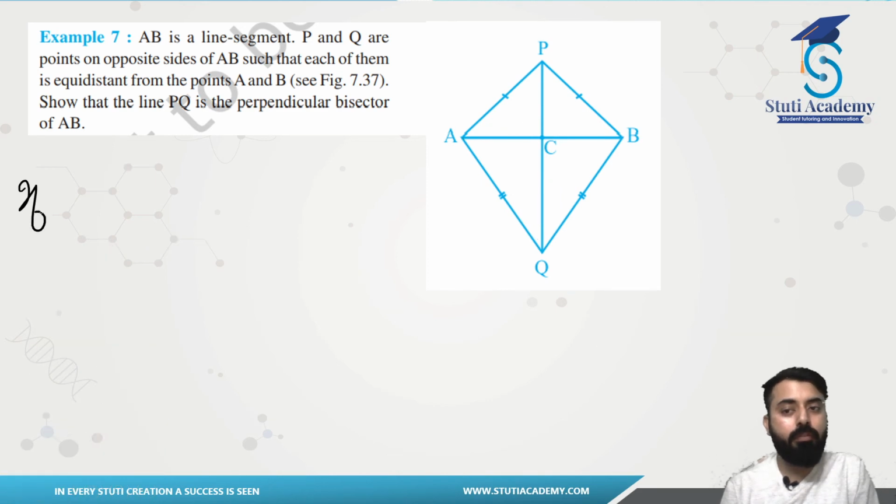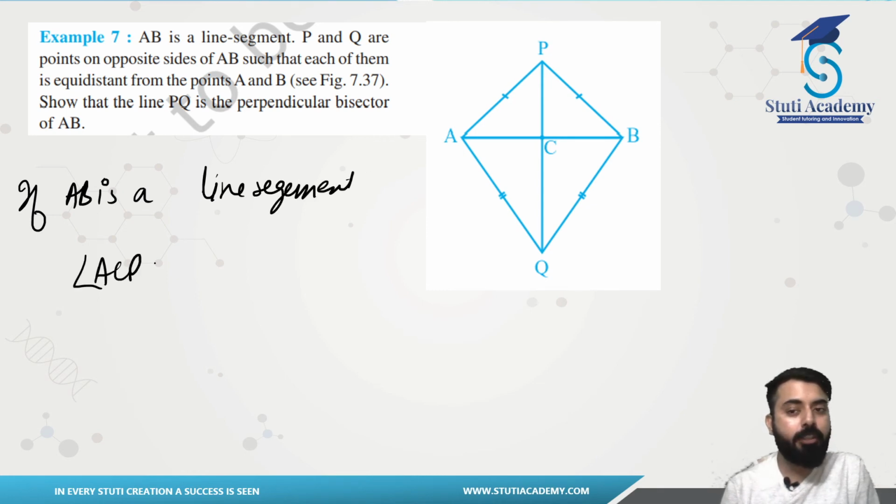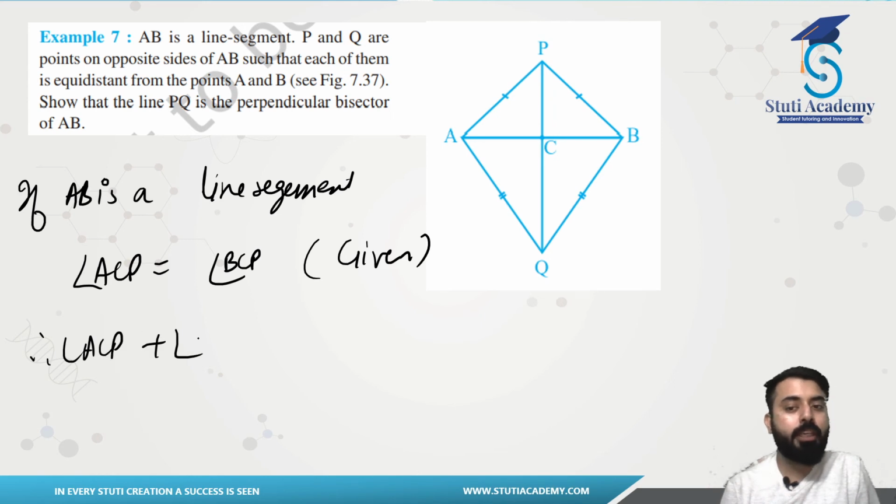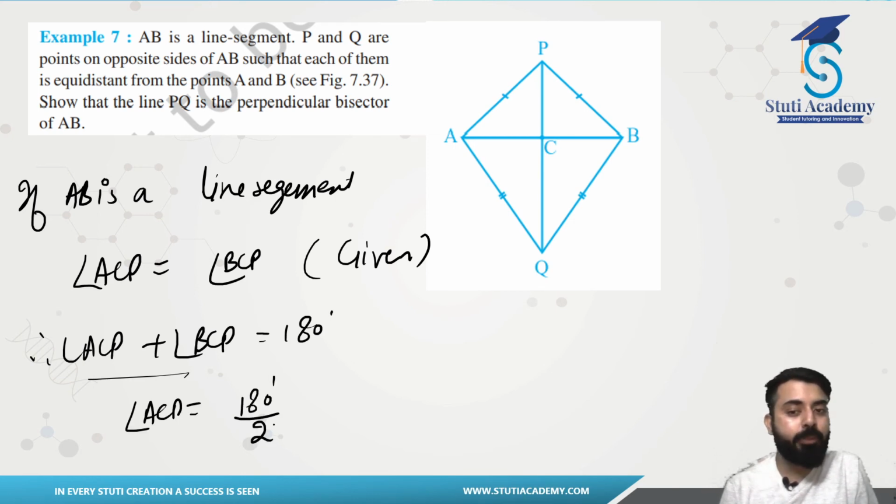If AB is a line segment, then you can say angle ACP should be equal to angle BCP, that is already given. Therefore, angle ACP plus angle BCP should be 180 and both of them are equal. So, angle ACP will be 180 divided by 2, that will be 90.